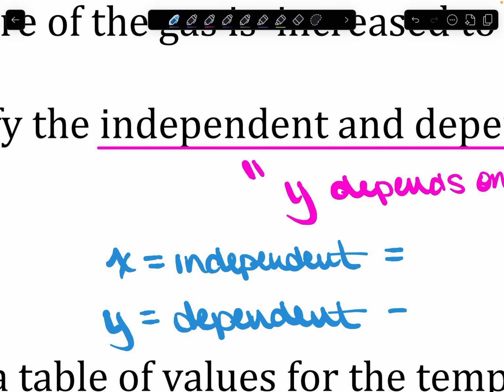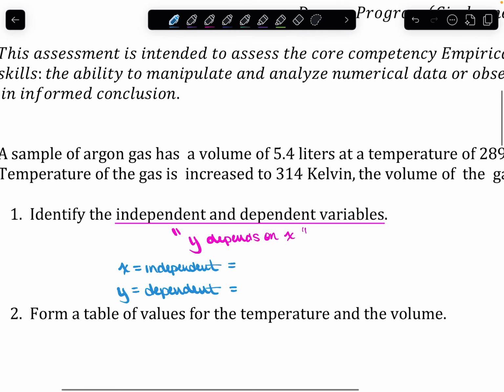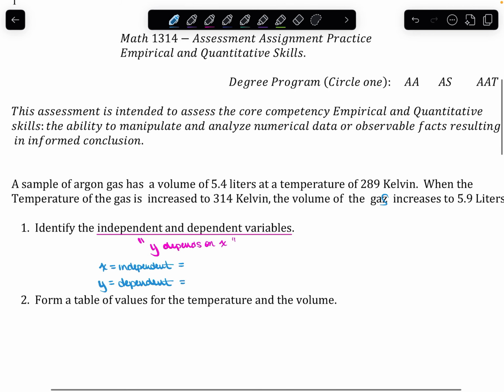Identifying these variables, these are not numerical values; these are what each variable stands for in general. Let's read the two sentences. The first one says a sample of gas has a volume of 5.4 liters at a temperature of 289 Kelvin. That first sentence really doesn't tell us which is which.